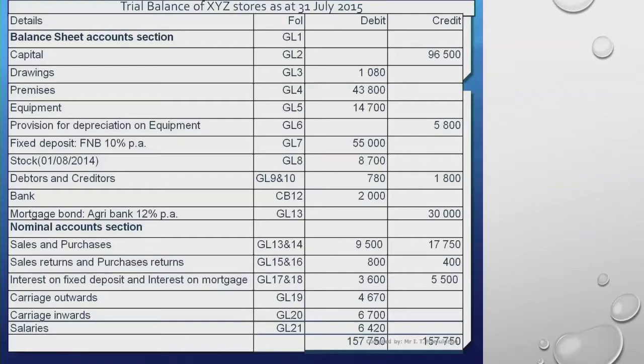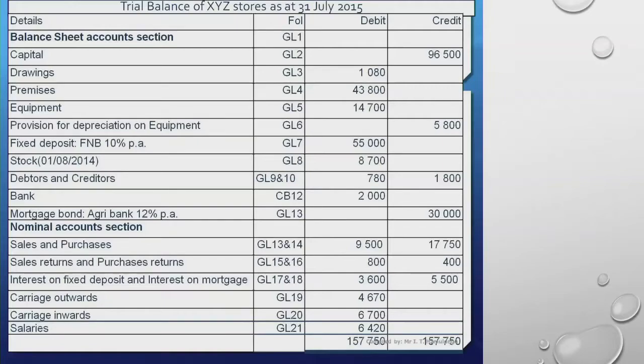We have capital there. When I was talking about the classification of accounts in the trial balance, which ones are to be recorded on which side, look at the example of a trial balance there. If you can identify all the capital, all the liabilities, and the income, you can see that they are recorded on the credit side, while drawings, expenses, and assets are all on the debit side.